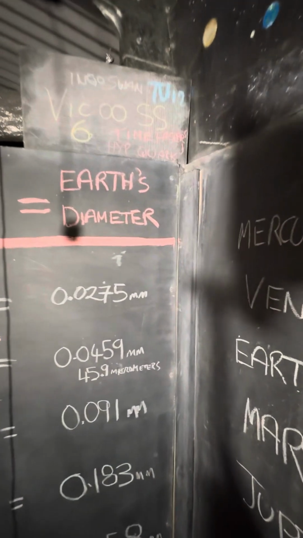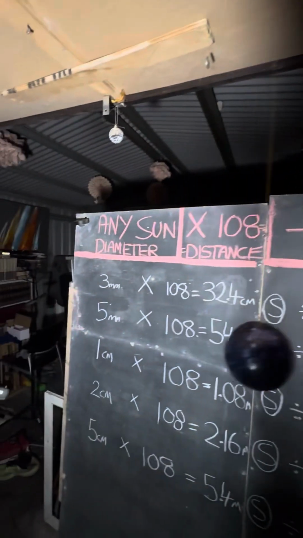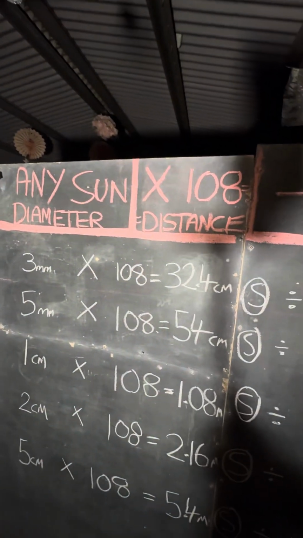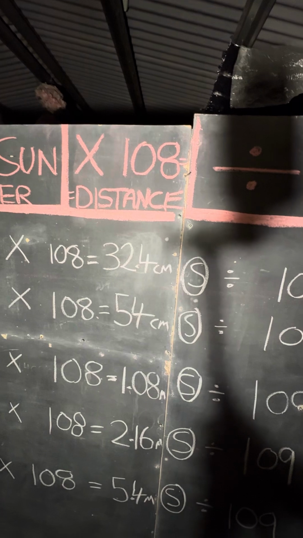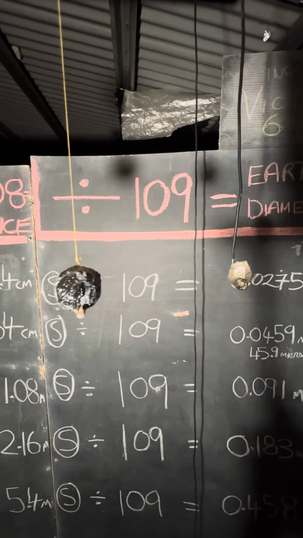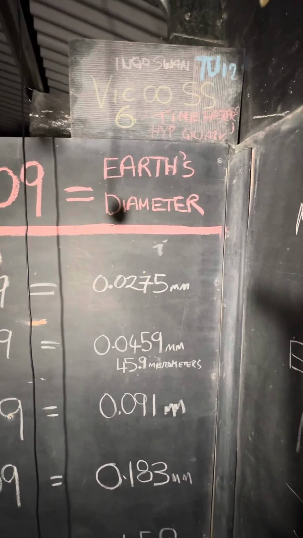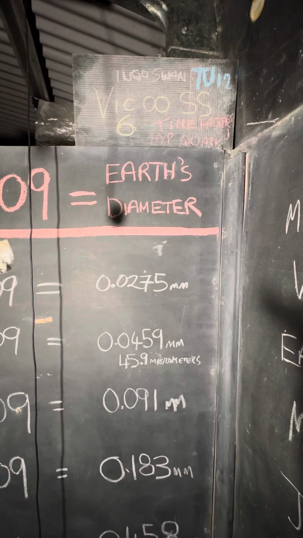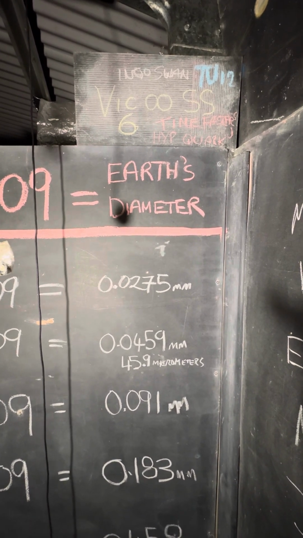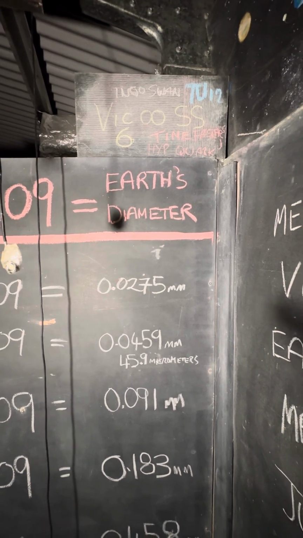So Earth's diameter, that top one, because I did 3 mil, right? We did 3 mil times 108, which is 32.4 centimeters for the distance, and we divide the sun by 109 and we get 0.0275 millimeters. That's 27.5 micrometers.